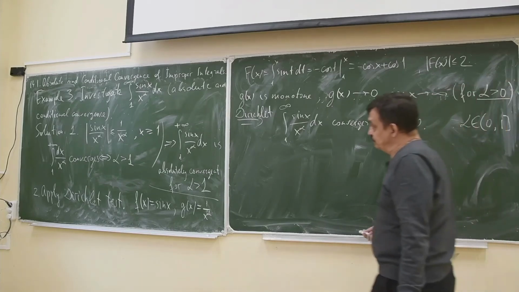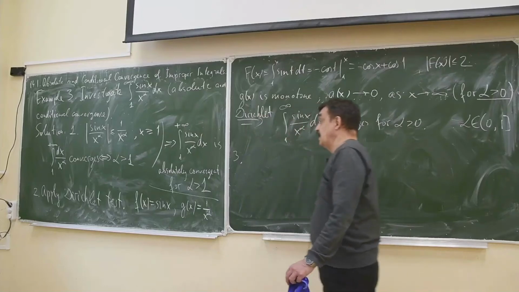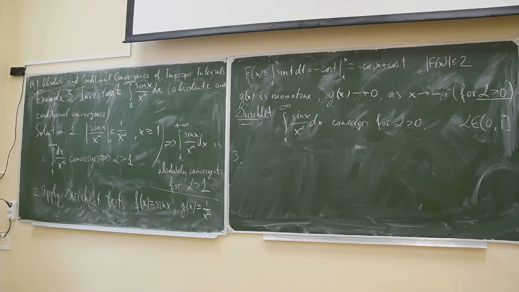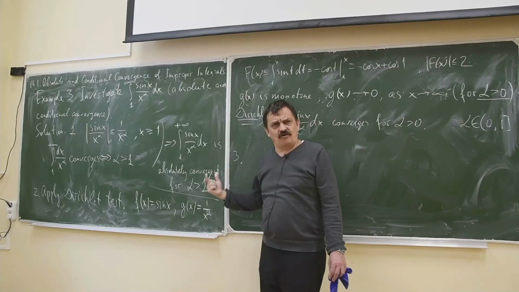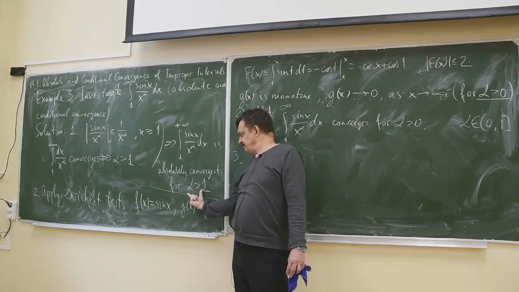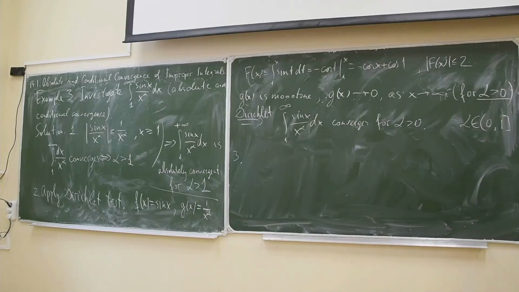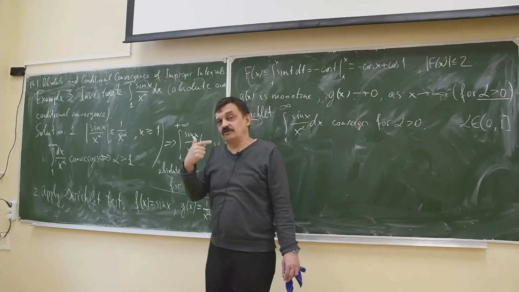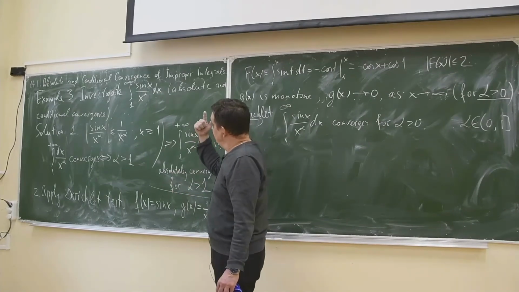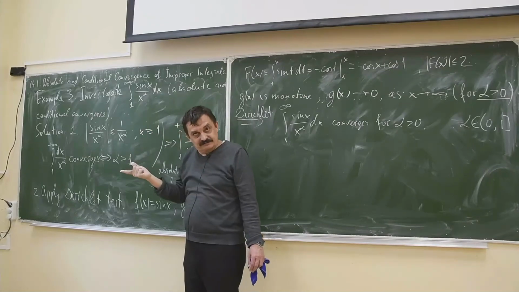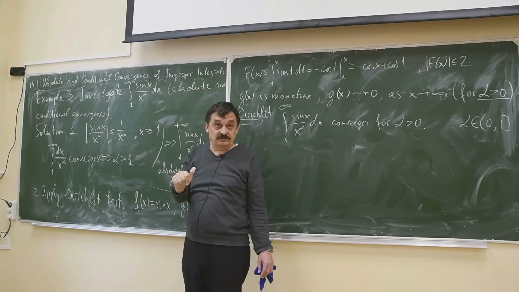So, then, what do we do? Third, in fact, we can expect that, look, it works very often. If you have absolute convergence for alpha greater than 1, and you have convergence for alpha from 0 to 1, you may expect that it is conditionally convergent, right? But what do you need to prove for that reason? If you want to prove that your integral is conditionally convergent, you should prove that it converges itself, but for modulus you have a divergent integral, right?